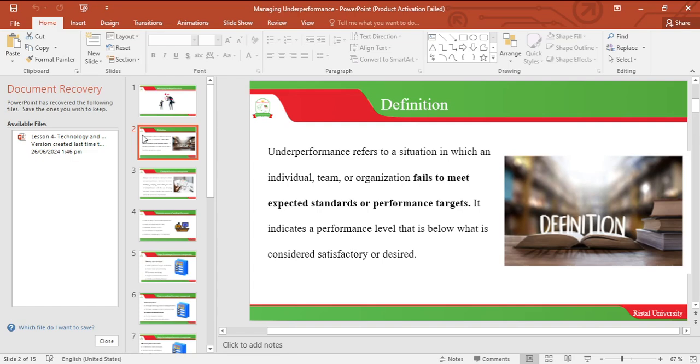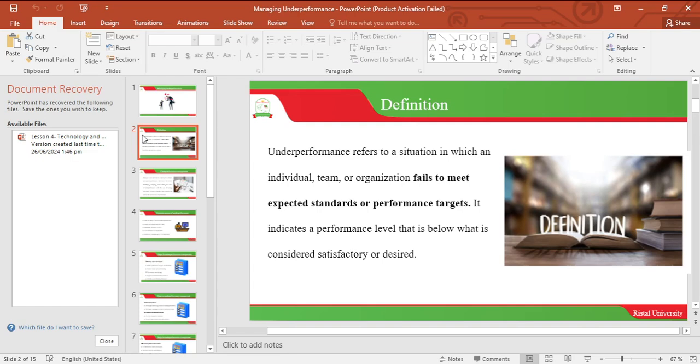So if the employees are not performing to expectations, it is the organization that suffers. It means that the organization is also underperforming. As a manager or a human resource person, you need to make sure that each and every employee in an organization is meeting the standards set by the organization.